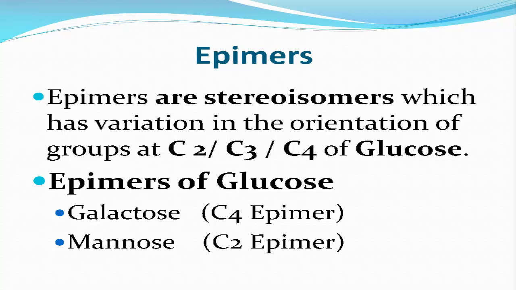So if 2 isomers are different in spatial orientation around those other asymmetric carbons, then they are known as epimers. So there are 2 common or important types of epimers of glucose. One is galactose, another is mannose. Galactose is called C4 epimer because the C4 is different, and mannose is known as C2 epimer.